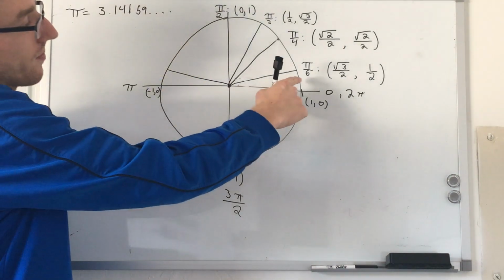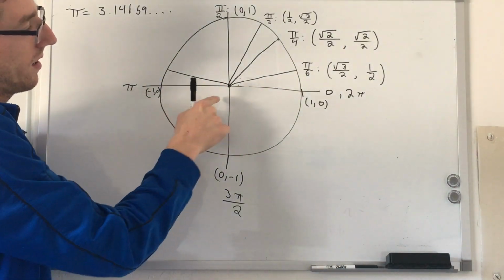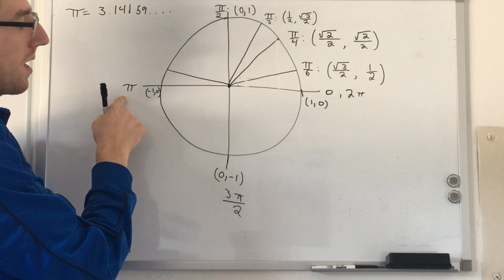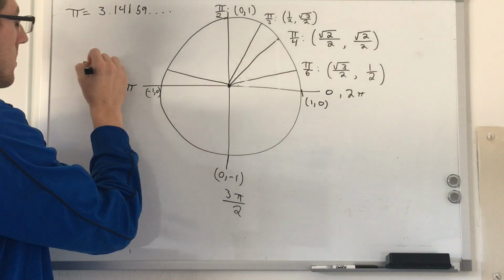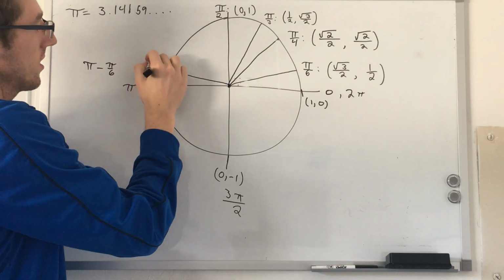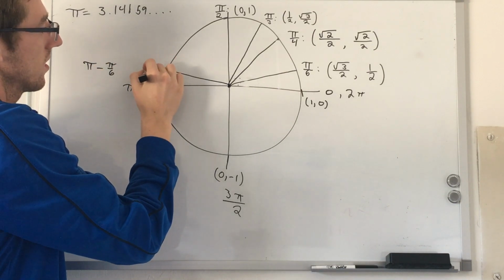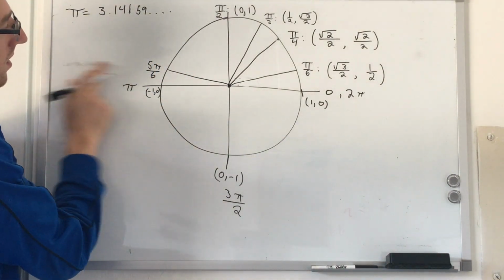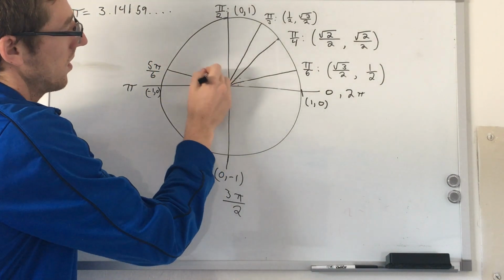So anyway, this is pi here, and we know the little angle is pi over 6. So what's pi minus pi over 6? Oh, that's just 5 pi over 6. And what's this one going to be?